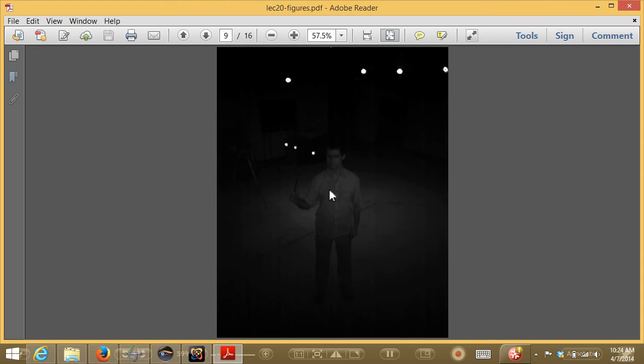Basically, every time I see this 3-ball wand, I'm getting 3 XYZ coordinates. As I wave this wand around, I'm generating lots and lots of 3D points for which I have 2D projections. By the way, these bright dots here are the infrared lights of the motion capture cameras that are seen by this camera right here, right?